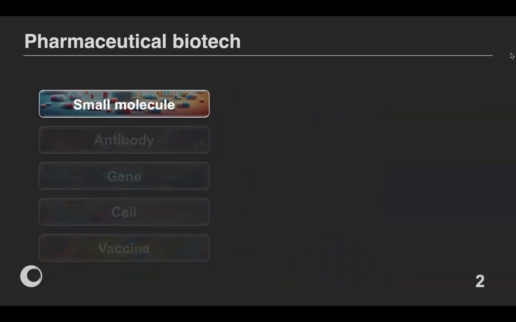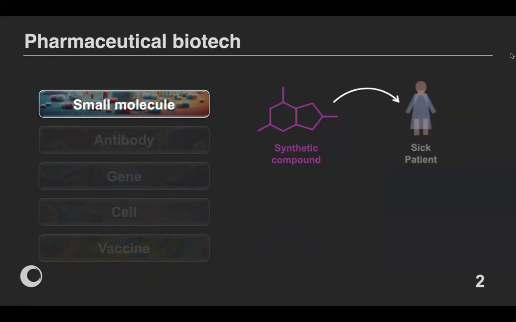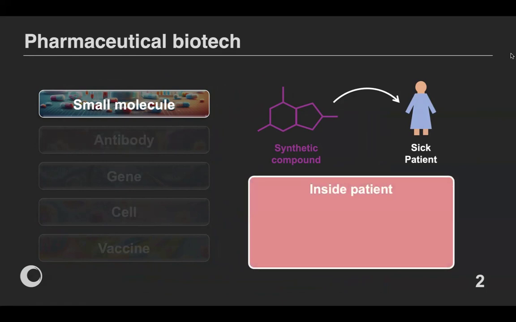Oftentimes these are the powders or the pills that you normally find at the pharmacy, that people are most familiar with. These pills will have some sort of synthetically made compound that you can introduce into a sick patient. The idea here is that inside the patient, you have some sort of target cell that is inducing the issue.